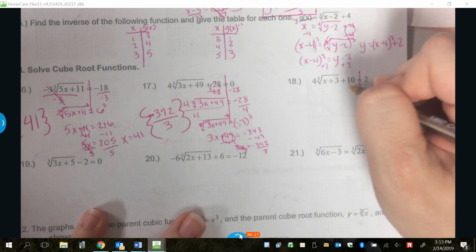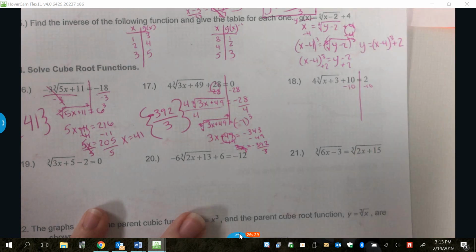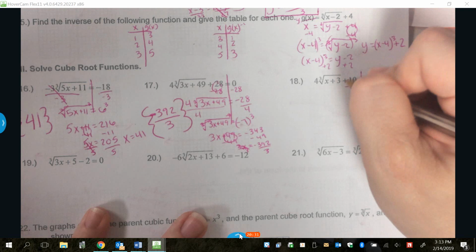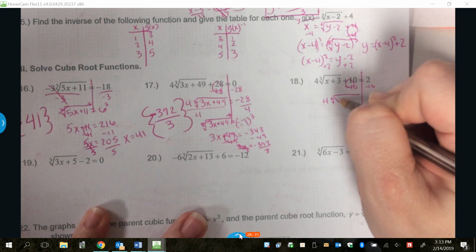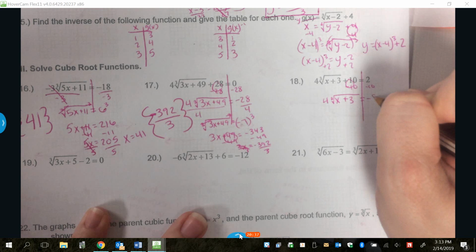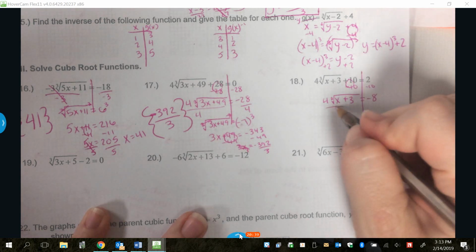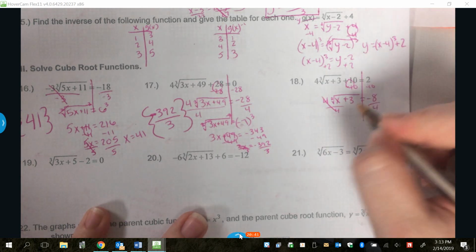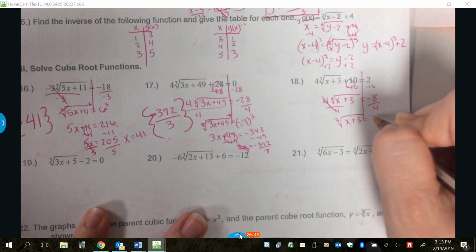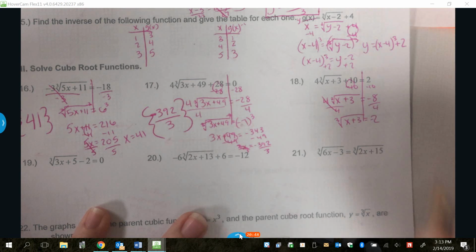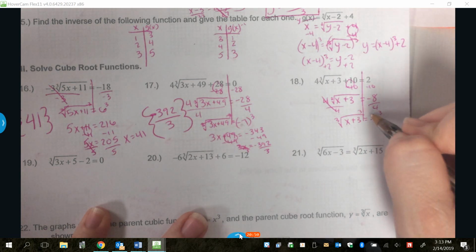So again, we get rid of addition or subtraction first. And I get 4 cube root x plus 3 equals negative 8. Divide both sides by 4. I get cube root x plus 3 equals 2. Negative 2, sorry. Now I'm going to cube both sides.